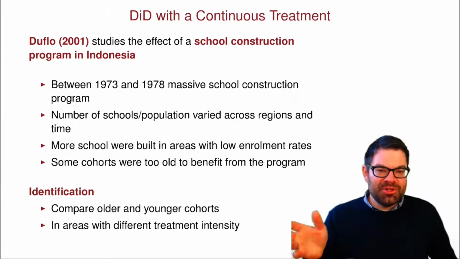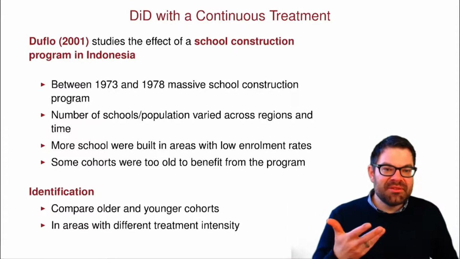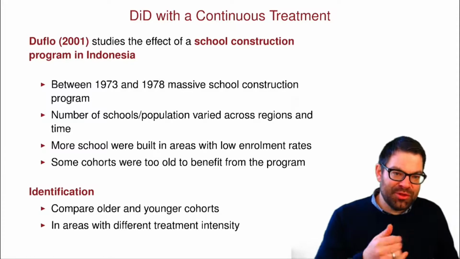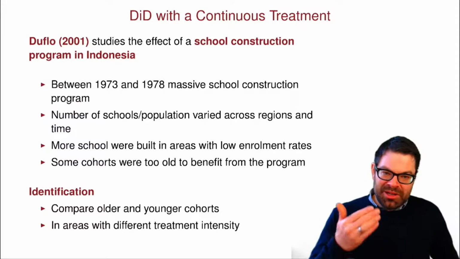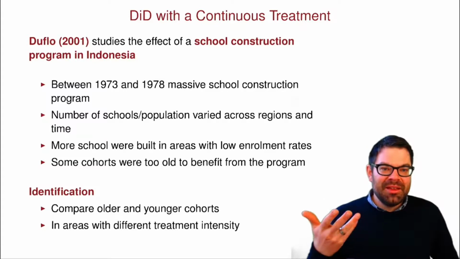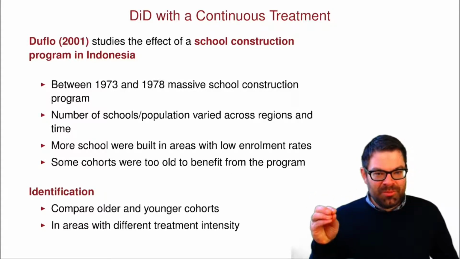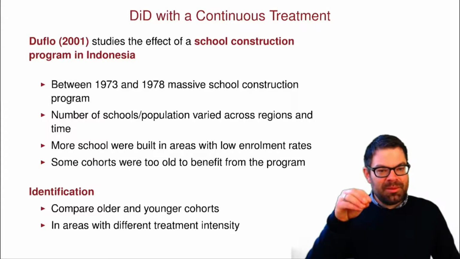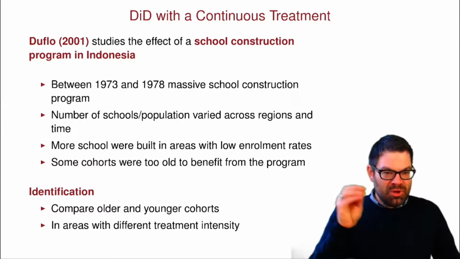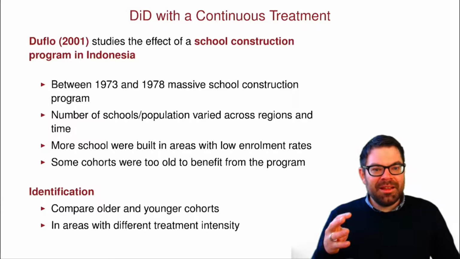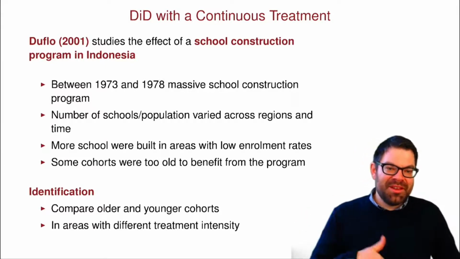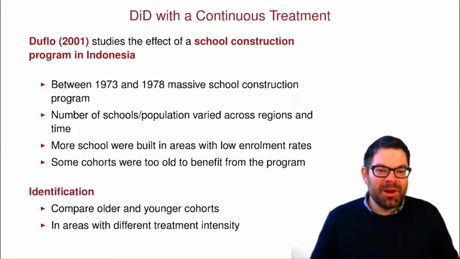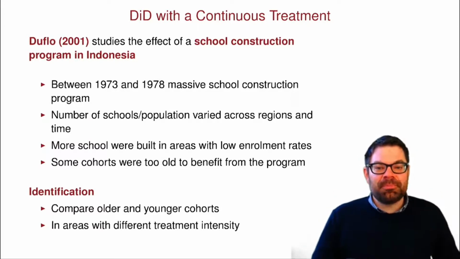Now what she exploits there is that there was this massive school construction program that was rolled out across different regions in Indonesia, and that varied not only across regions but also over time. So what that means is that within a place, some cohorts were not affected by the school expansion program because they were already too old, whereas others were of the right age that they were actually still affected by it.